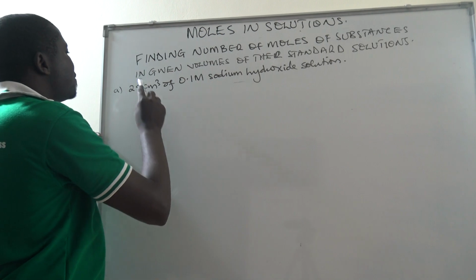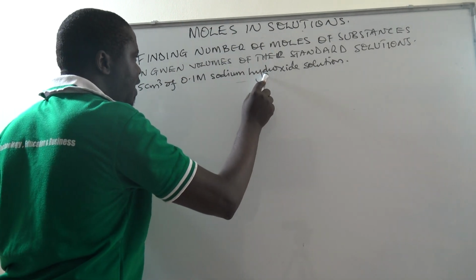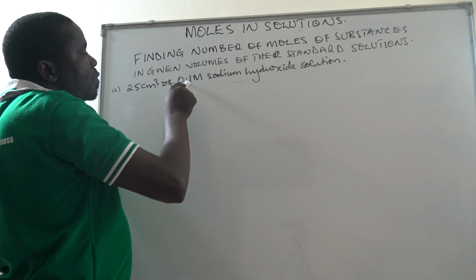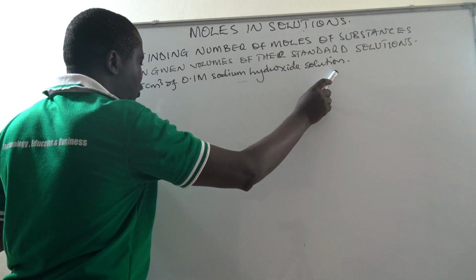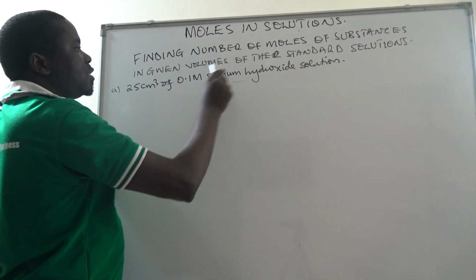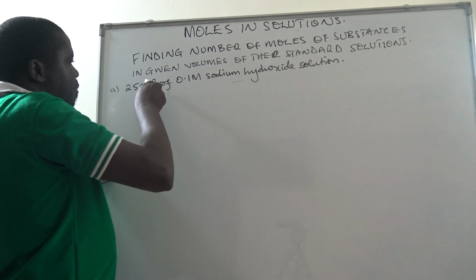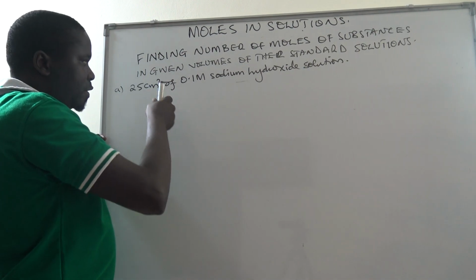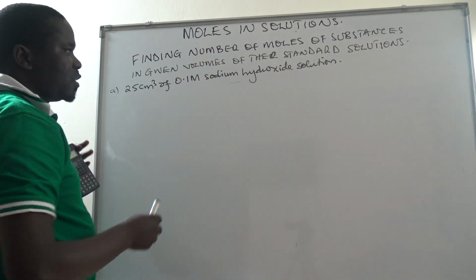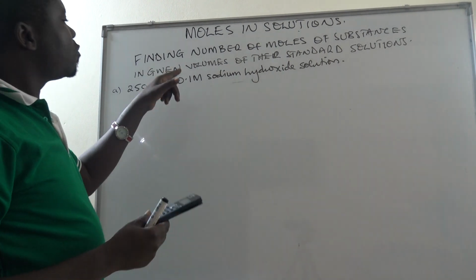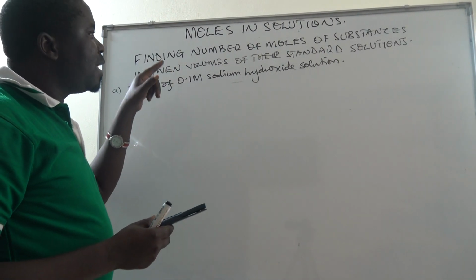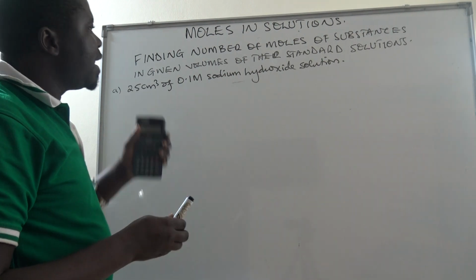We are looking for the number of moles of sodium hydroxide in the 0.1 molar sodium hydroxide solution. So this is a standard solution. The molarity is given, but we have a small volume removed. So how many moles of sodium hydroxide are here? So we are going to go and understand firstly the meaning of what we call molarity.